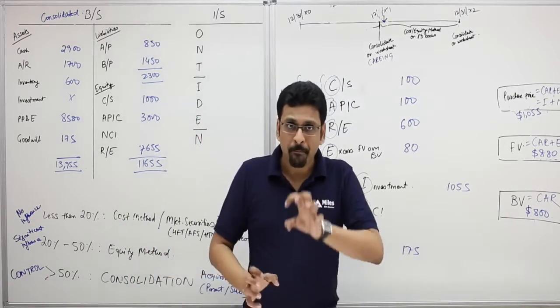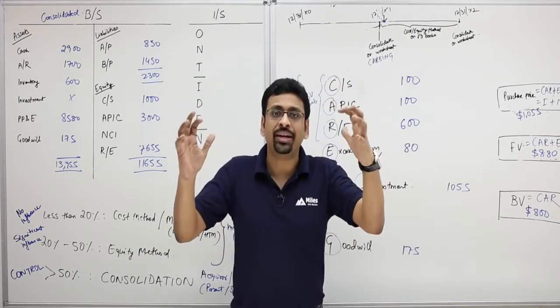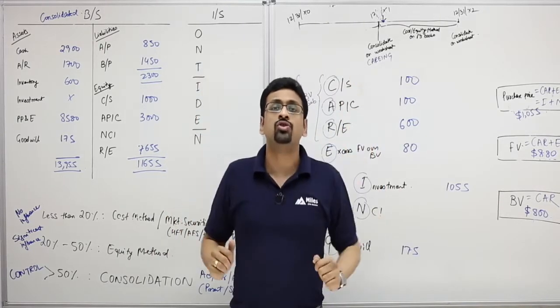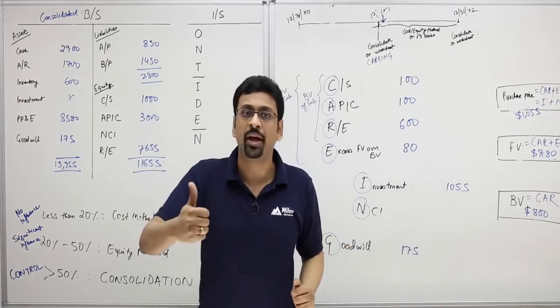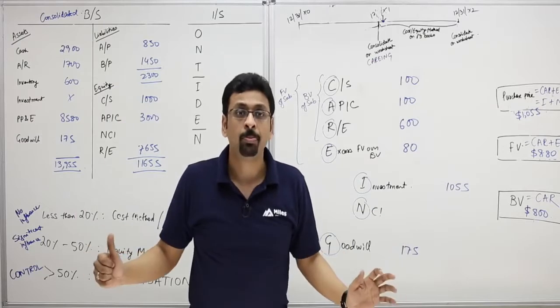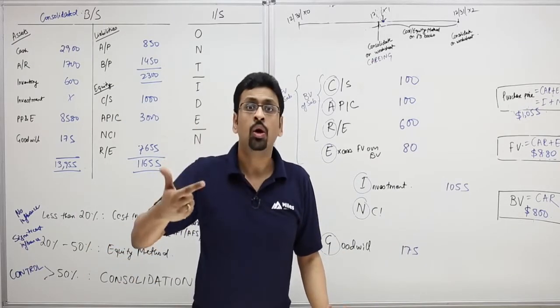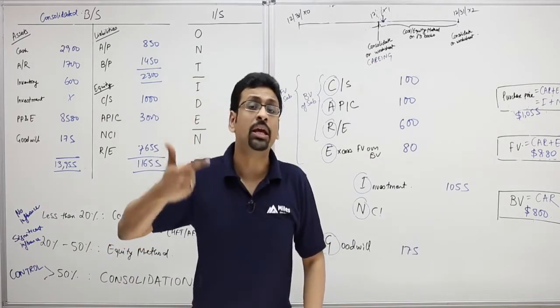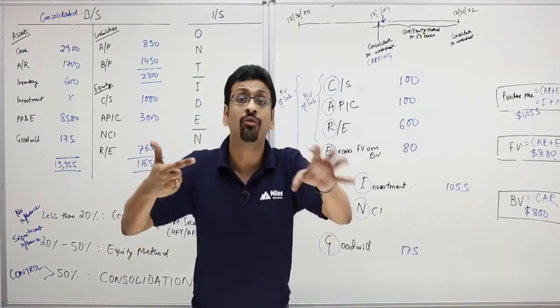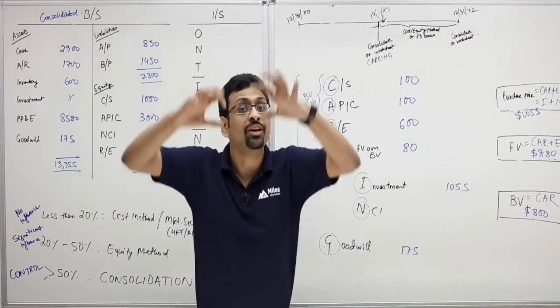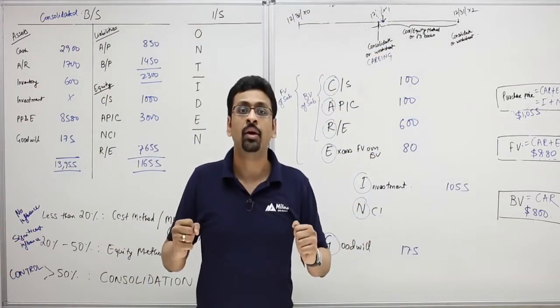Now, if we look at the parent and the sub as one entity, there are 2 owners of the consolidated entity. Number 1, the equity holders of the parent who've got the lion's share. And number 2, you have non-controlling interest holders who own a small percentage, in this case 10% of the subsidiary, as owners of the consolidated entity.